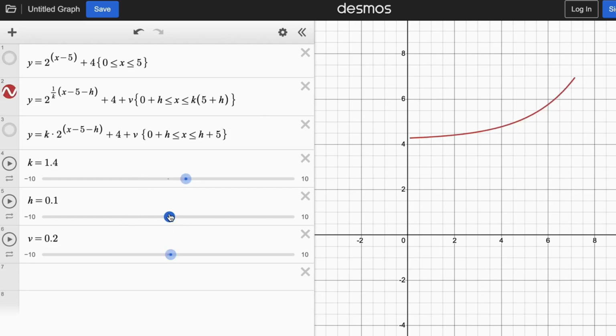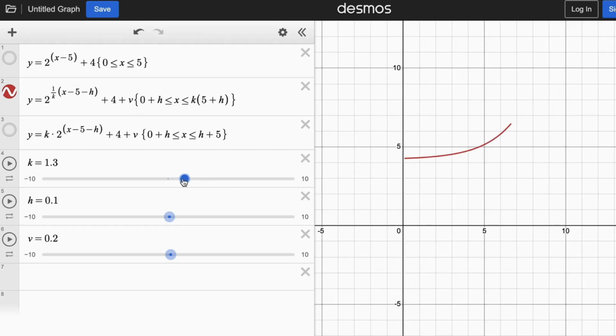This has also got some of its translation, so I haven't removed what we did earlier, but I've just added on our k. I've also multiplied this domain by k so that we can make it grow bigger, so that we're covering more of its width, so its width is expanding as well. So we can see it over here, and you can see how it's kind of expanding outwards, right?